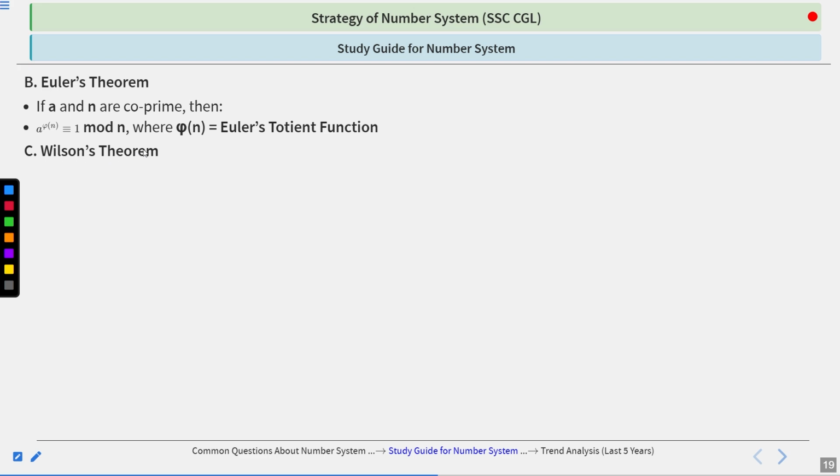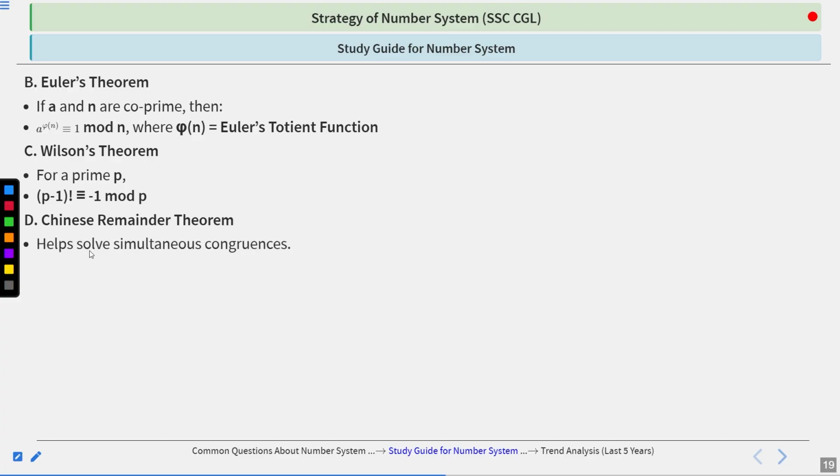We also apply Wilson's theorem, which says that for a prime number P, (P minus 1) factorial is congruent to minus 1 mod P. In the same way, the Chinese remainder theorem helps to solve simultaneous congruence problems. So these are the basic important theorems which we use to solve remainder questions.